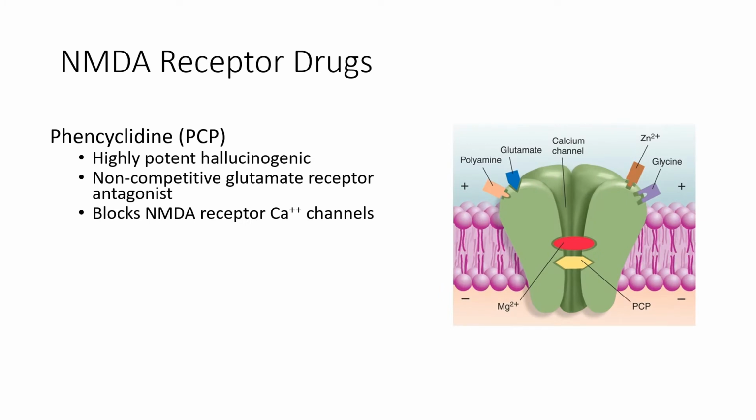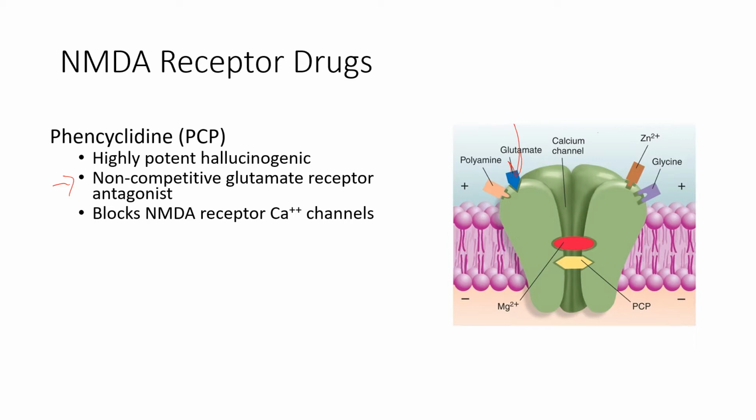The one we are going to talk about, the NMDA receptors for glutamate, is the one where the drug is a non-competitive antagonist. If you'll recall from before, what does that mean? Non-competitive means it doesn't act directly on the receptor site. It acts on a different place on the ion channel.